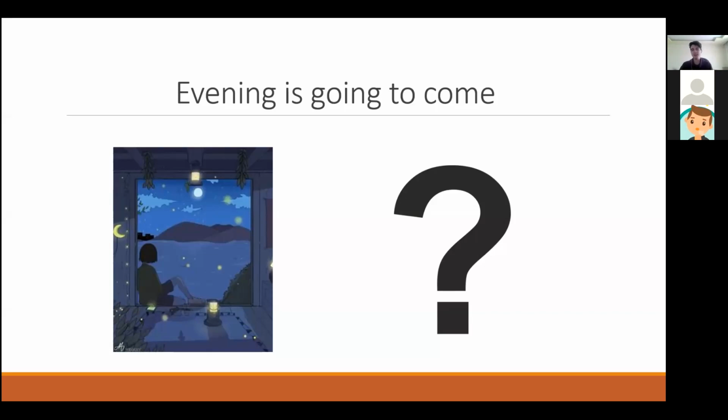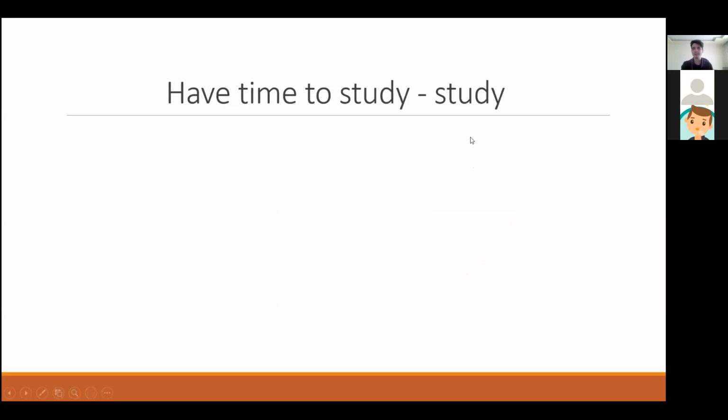So evening or night is going to come, and how are you going to meet it? For me, it was something like this: if you have time to study, then study. Just do it. And then when evening comes, you have time for yourself.